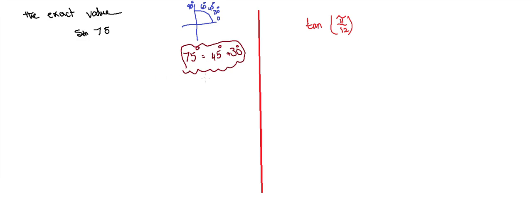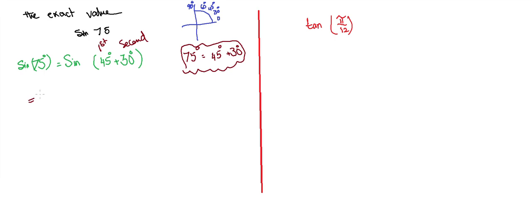This is the first step. So we know that sine 75 equals sine of 45 plus 30. This is the first angle, and this is the second angle.